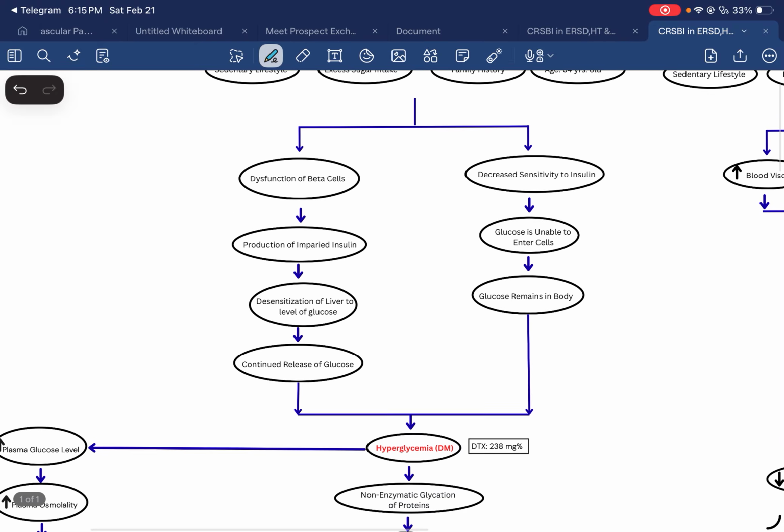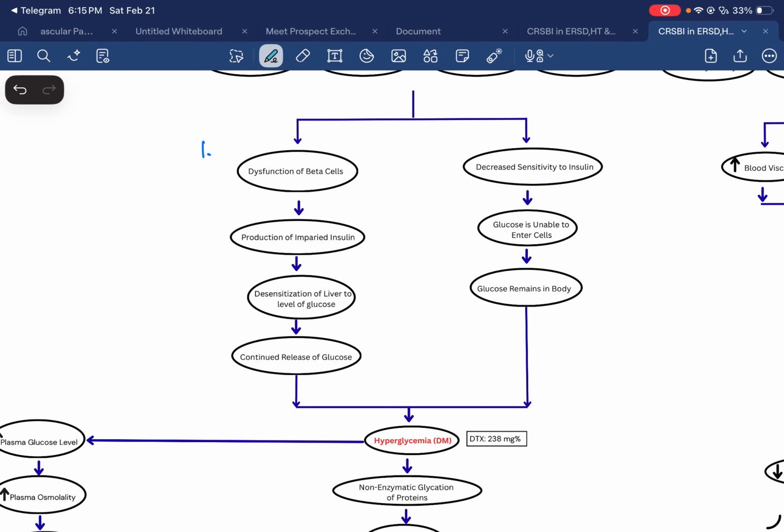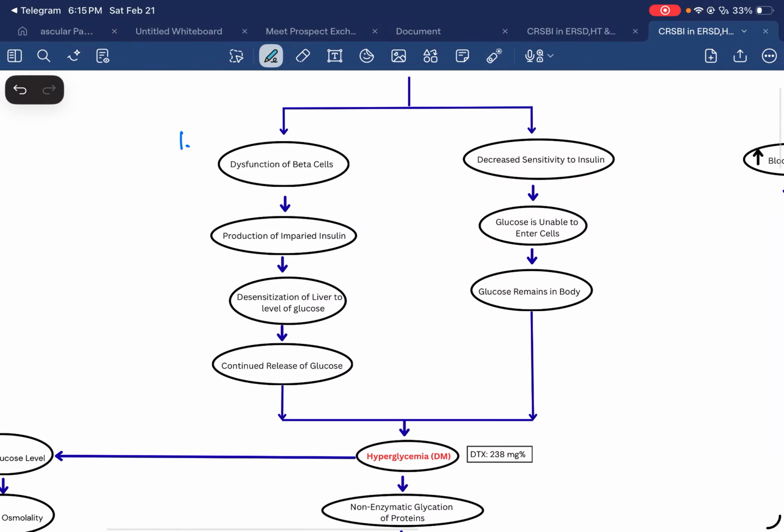Number one is called type 1 diabetes, and in this the patient will have beta cell dysfunction, and this beta cell dysfunction will produce impaired insulin. When there is production of impaired insulin, there will be desensitization of the liver to the level of glucose.